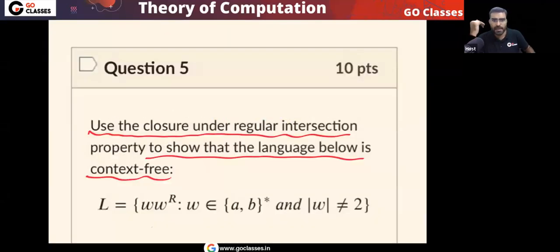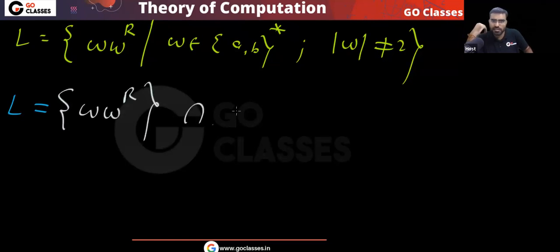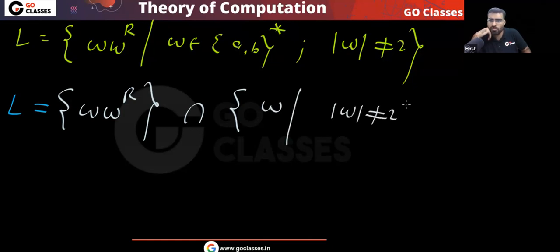See, can I write this language as WW reverse intersection all strings whose length is not 2? Just wait, this is not correct.